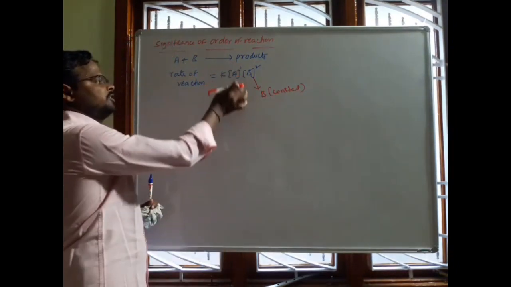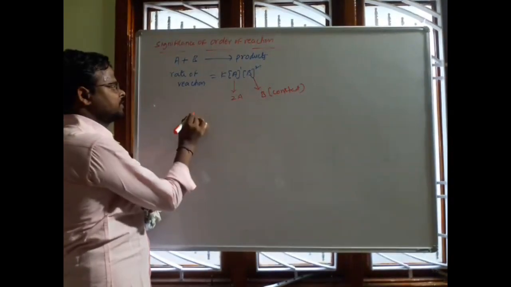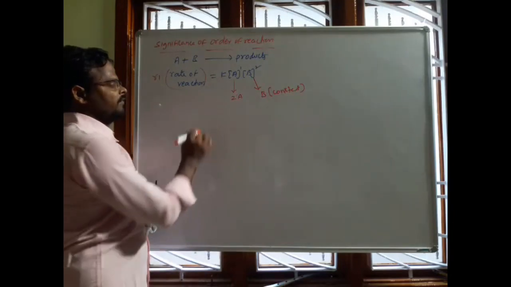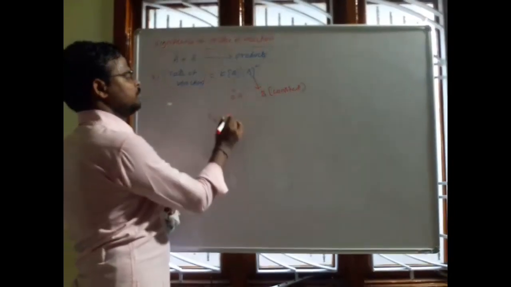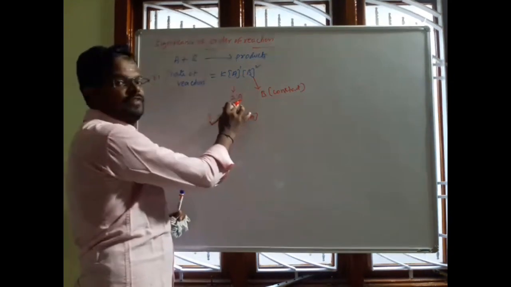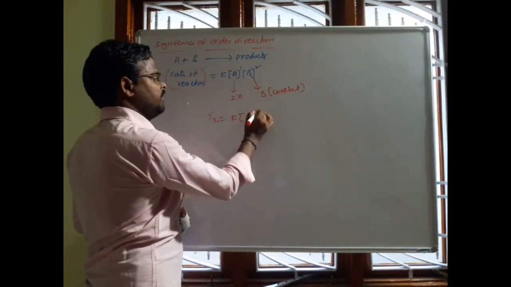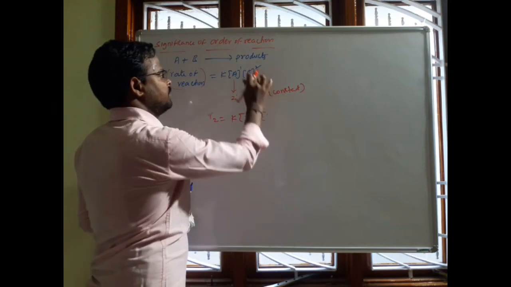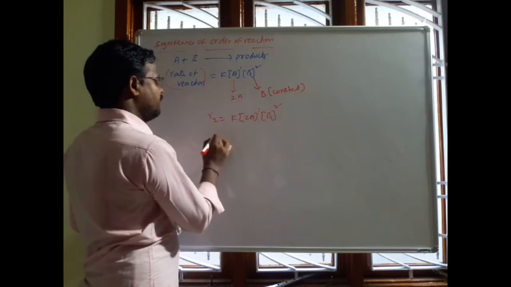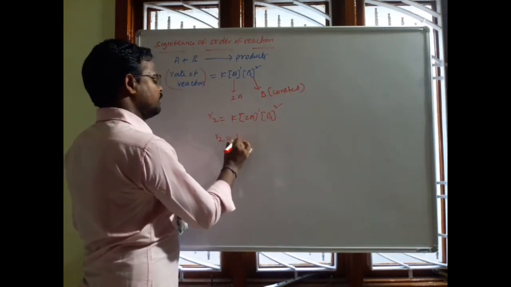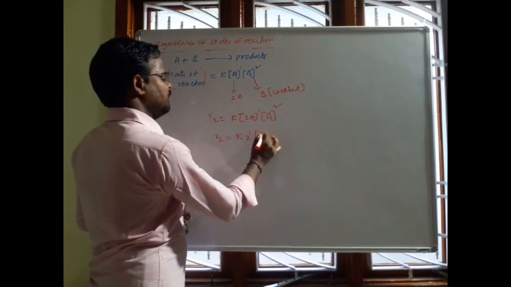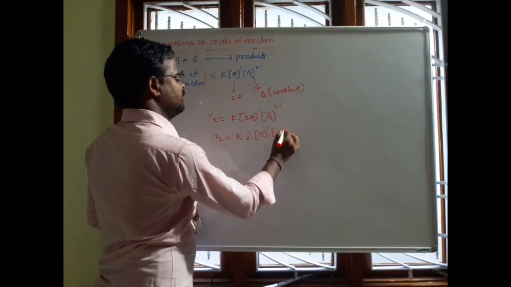If I double the concentration of A, then the final rate R2, with initial rate R1, equals K into concentration of 2A power 1, because I doubled the concentration of A, and B is kept the same, that is constant. So R2 equals K into 2 power 1 into A power 1 into B power 2.